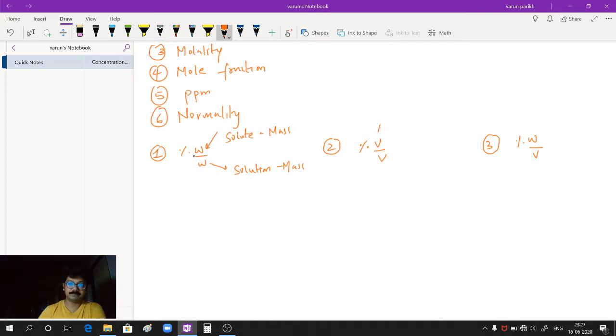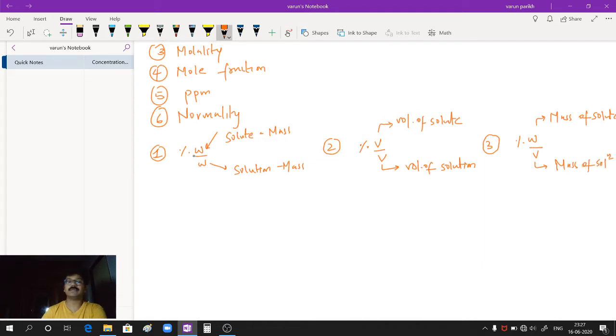For V by V, this is the volume of solute and this is the volume of solution. For W by V, this is the mass of solute and this is the volume of solution.